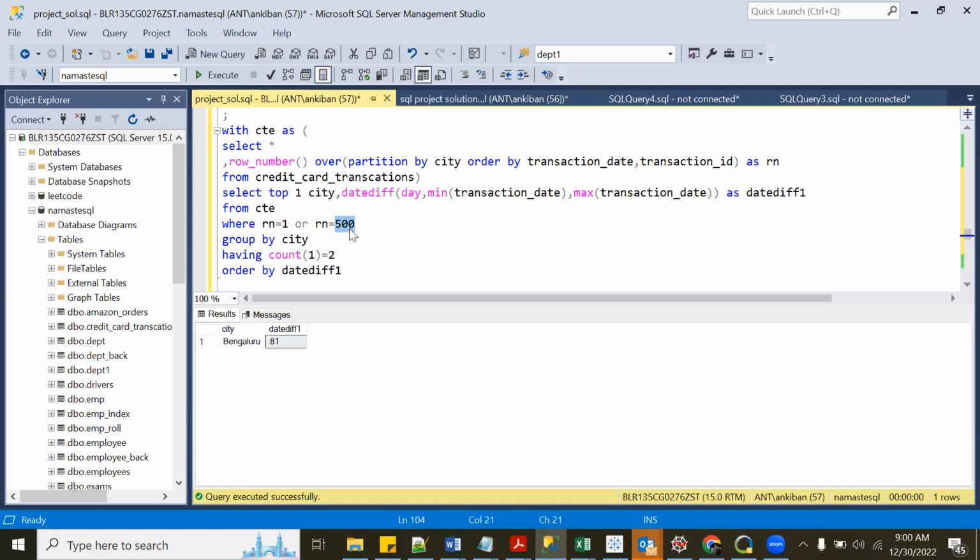Suppose 2008 is a leap year, so I don't want those records. 2004 was a leap year, 2008 was a leap year. So that's what I'm asking.